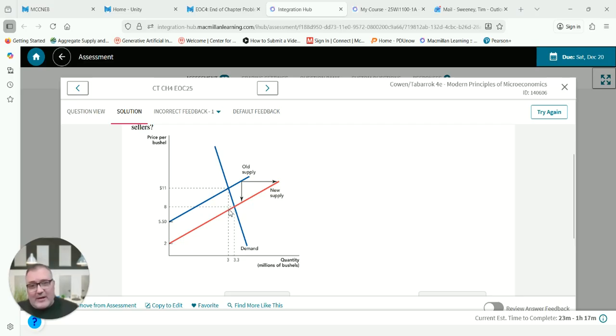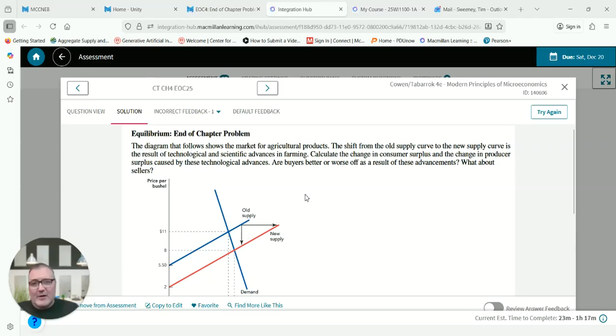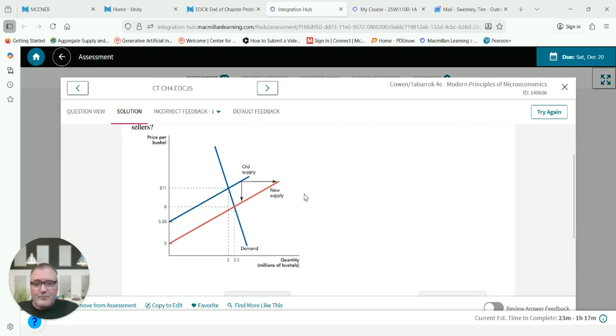So the height is 3, the base is 0.3, so we get 0.9, but then we take 1/2 of that, so that's 0.45. 0.45 plus the 9 from the rectangle is 9.45. So that would be 9.45.